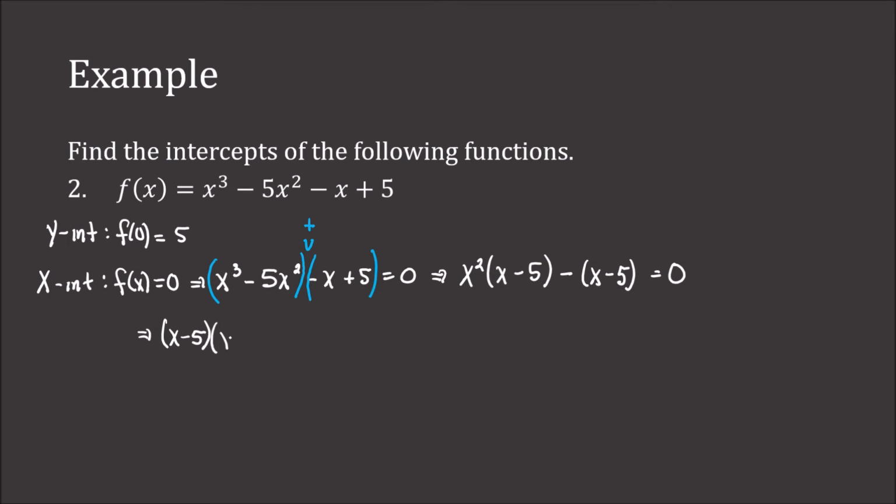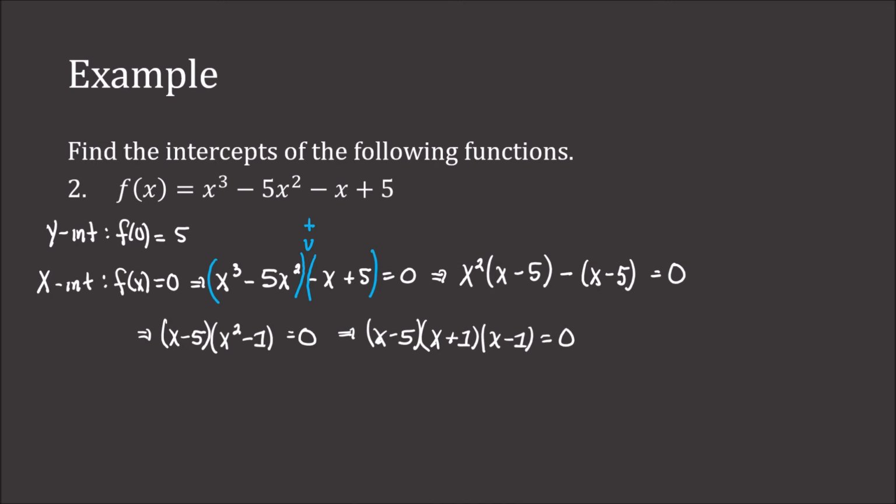And we are left with x squared minus 1. And we can go even further. X squared minus 1 is the difference of squares, so we can write that as x plus 1 times x minus 1.